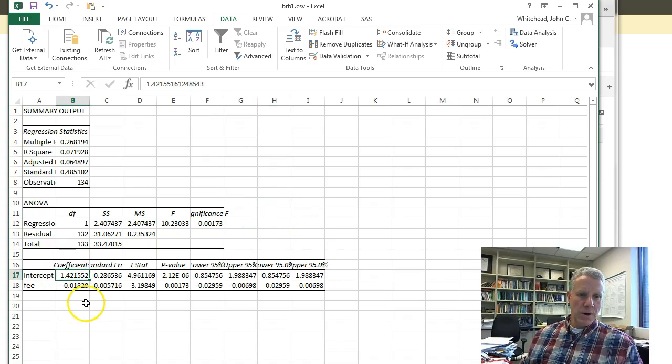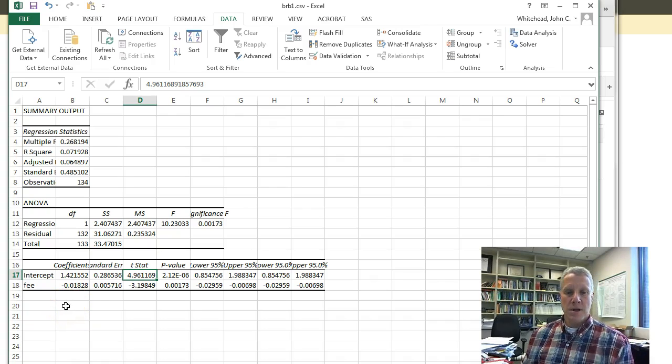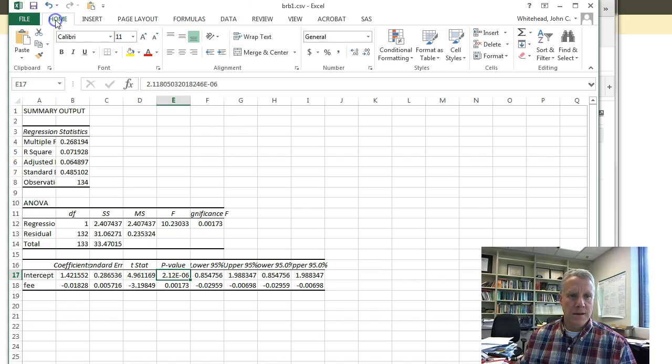My intercept is 1.42. And my t-statistic on the intercept is 4.96. And the rule of thumb is if the t-value is greater than 2, then your variable is statistically significant at least at the 95% level. And there's 2 ways of checking that.